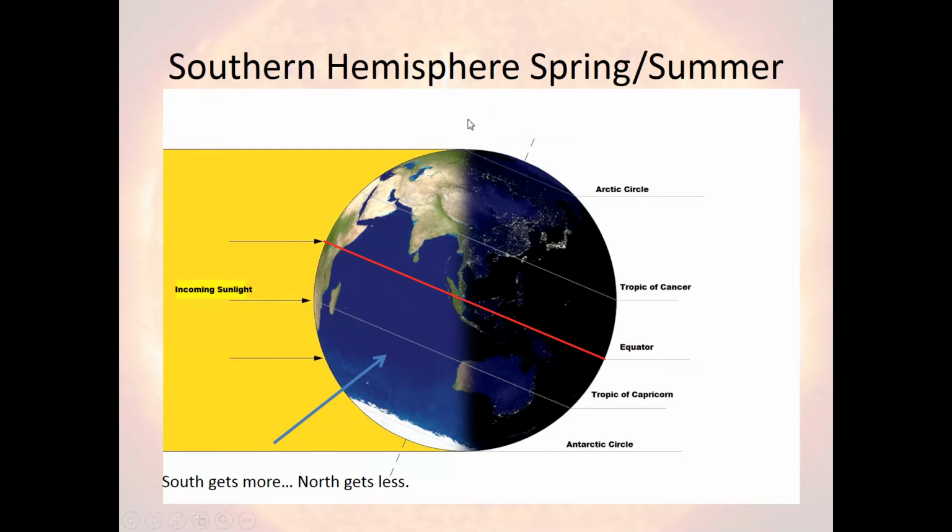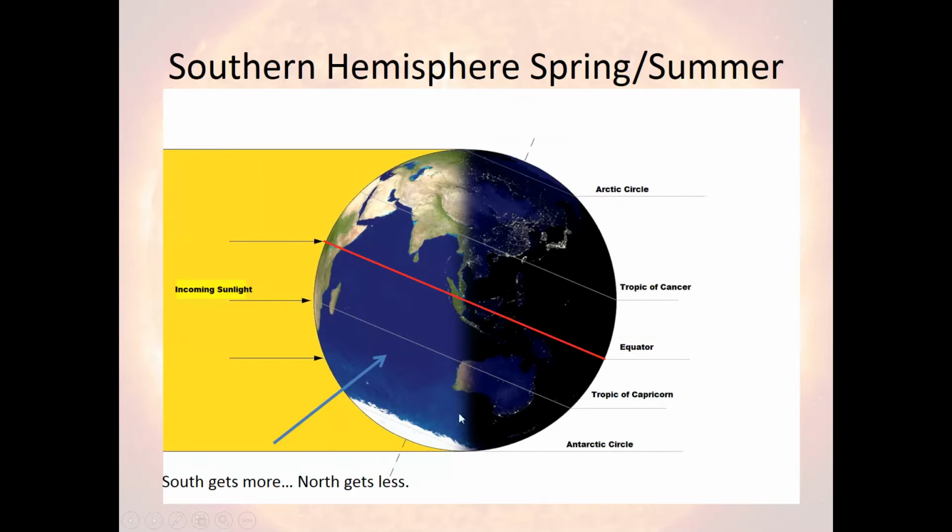And again, consequentially, the North Pole now has a 24-hour night. And there are actually cities pretty close to up here in what's called the Arctic Circle that actually get a 24-hour night. Barrow, Alaska is an example of that. Meanwhile, down here, the South Pole is getting 24 hours of day.